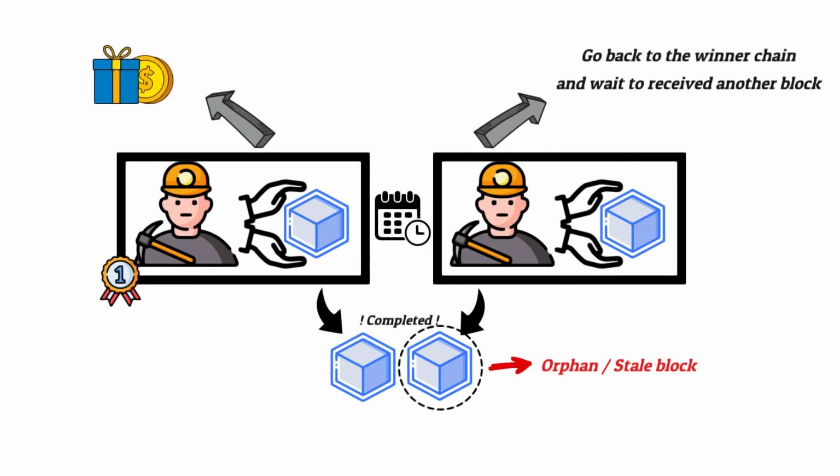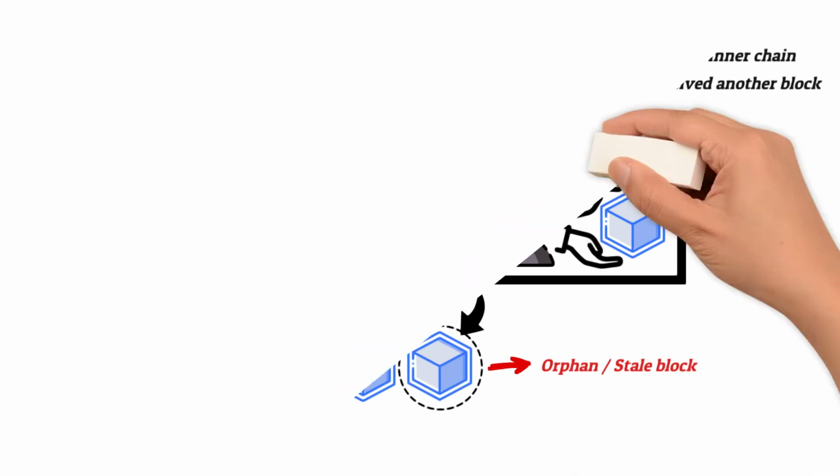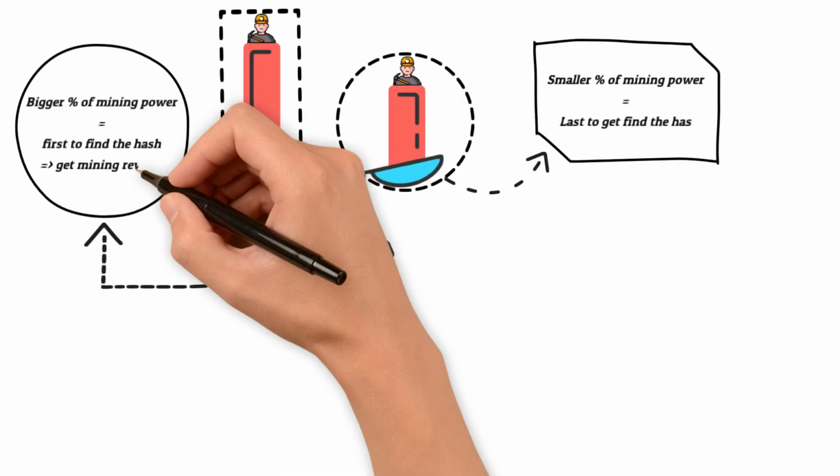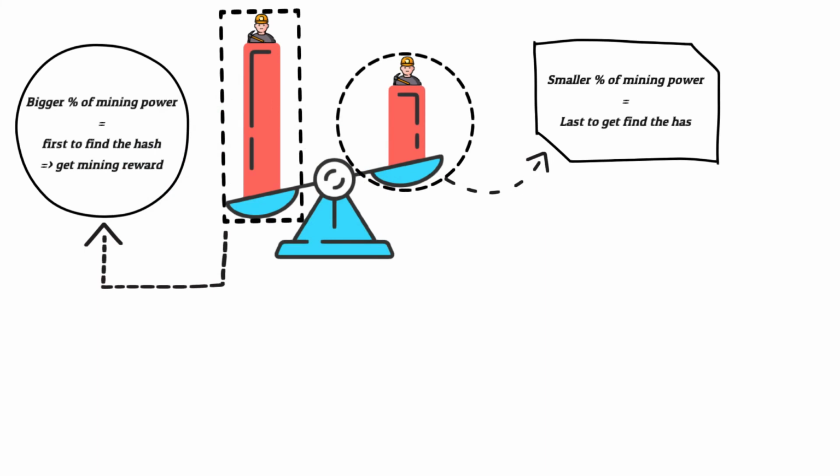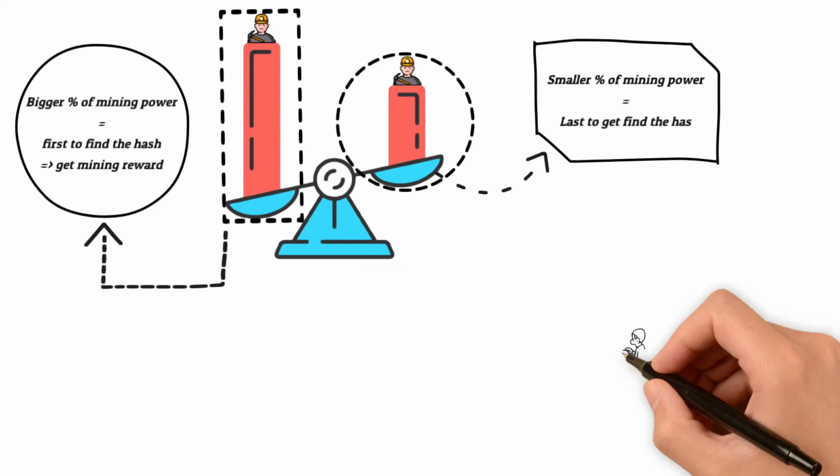While the block reward is granted to the miner who discovers the valid hash first, the probability of finding the hash is equal to the proportion of the total mining power on the network. Miners with a small percentage of mining power stand a very small chance of discovering the next block on their own.